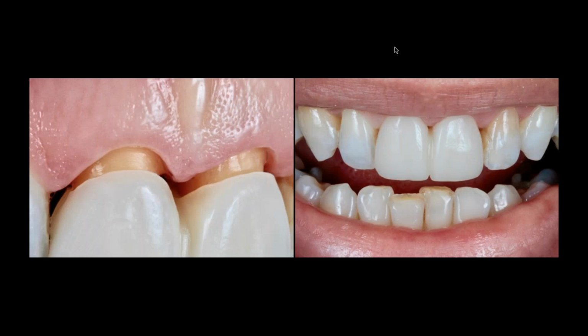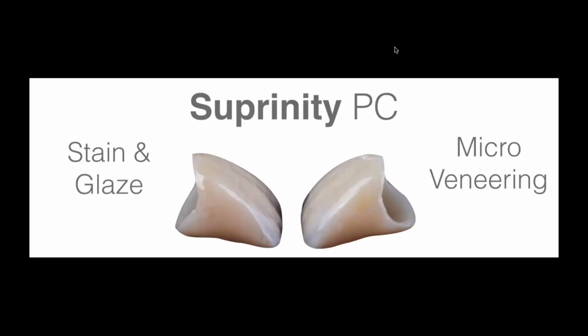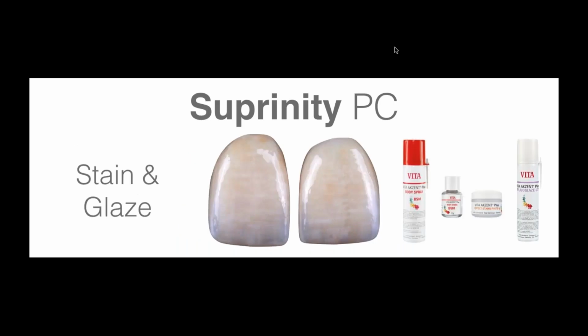In this case, I sent it to my friend Telmo Santos in Belo Horizonte, Brazil, who I work with a lot and we collaborate. Telmo takes over with the design, milling and finishing of the Suprinity. Just as a quick note, remember that with Suprinity we can work with a monolithic version, just with stain and glaze with the VITA Akzent Plus, or here Telmo did a micro veneering of that surface with the VM11 ceramic.